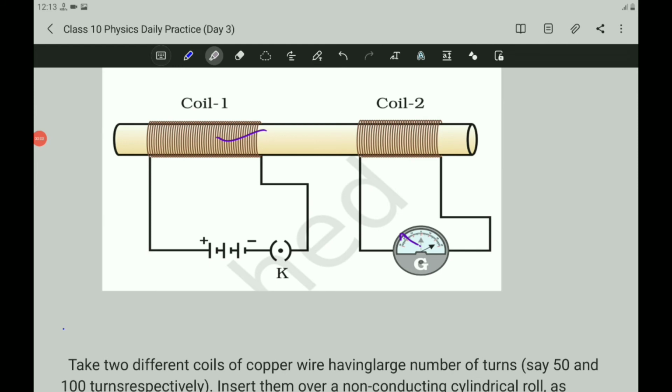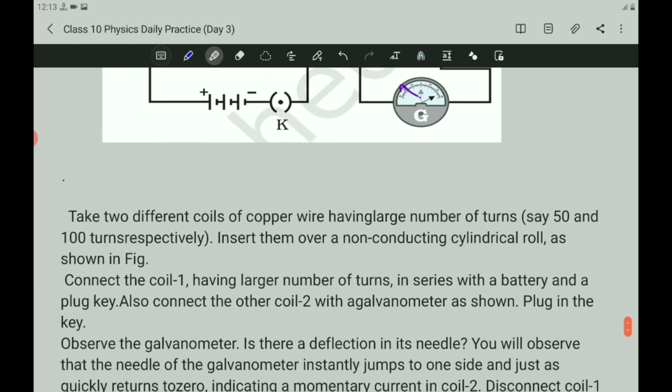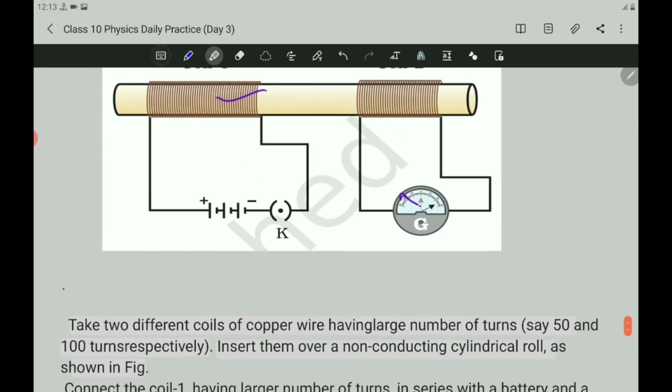Children, draw this figure and write the explanation of the activity as follows. So what you have to write: take two different coils of copper wire having large number of turns, say 50 and 100 turns respectively. Insert them over a non-conducting cylindrical roll as shown in the figure.